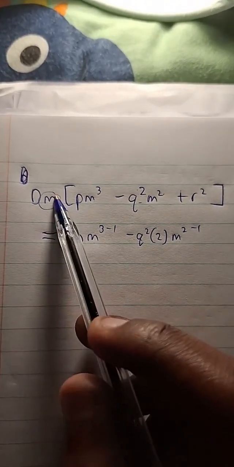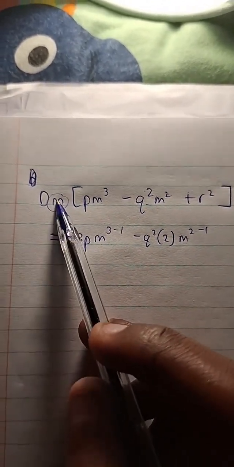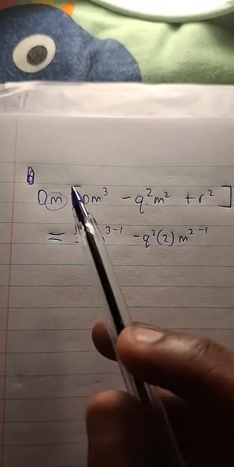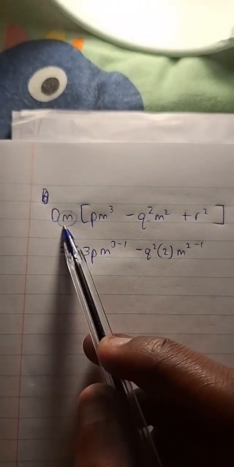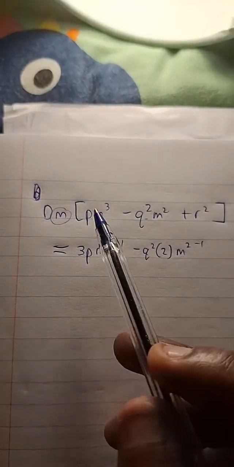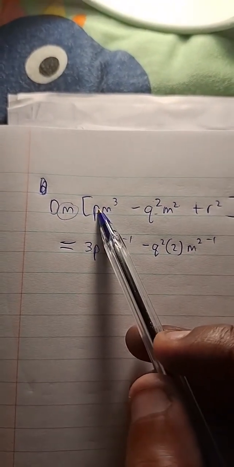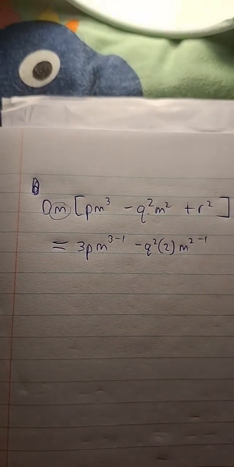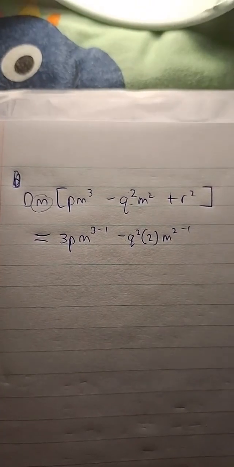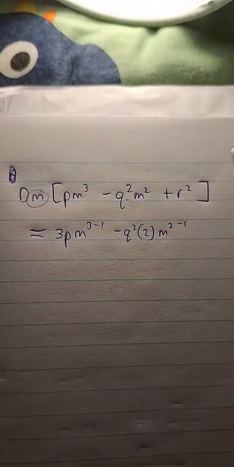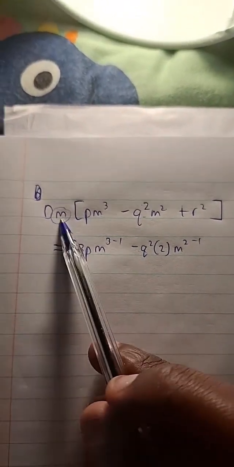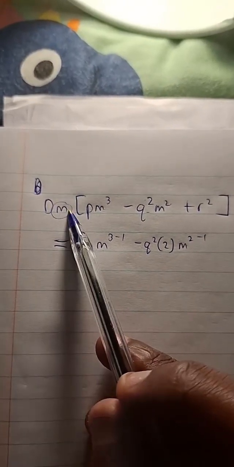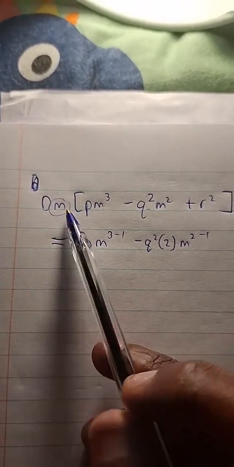Imagine if there was no dm here and they said dp. Then it means if they said derivative, I need to derive with respect to p, I would treat p as the main variable. Everything else would be a numerical value or a coefficient or a constant. So that's what's important here. Please take note: what letter are they asking you to derive with respect to?